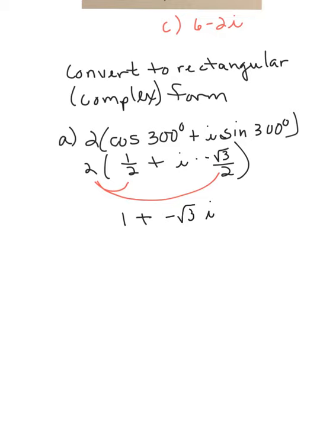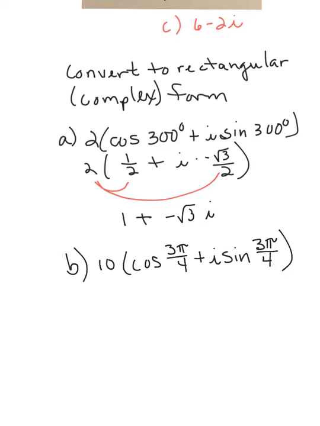So we are done. On example B, our problem is 10 times the cosine of 3 pi over 4 plus I sine 3 pi over 4. Notice that on these numbers, the angle stays the same, and it's always cosine written first plus I times sine of the angle.